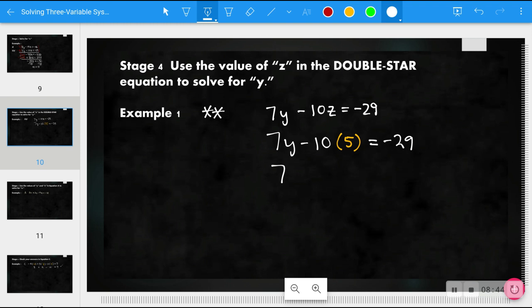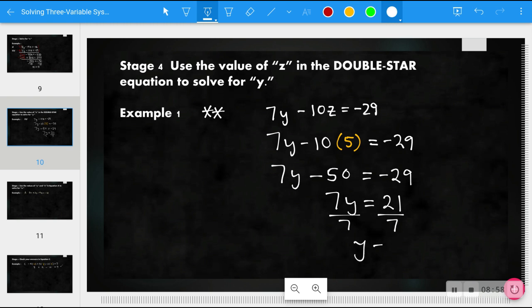So here you get 7y minus 50 equals negative 29. Adding 50 to both sides takes us to this, and a little bit of dividing here gives us a y value of 3. So now we know y is 3, and we found out earlier that z was 5.